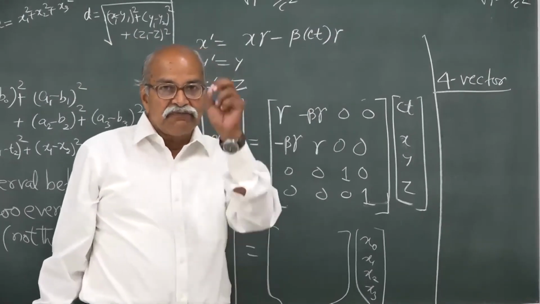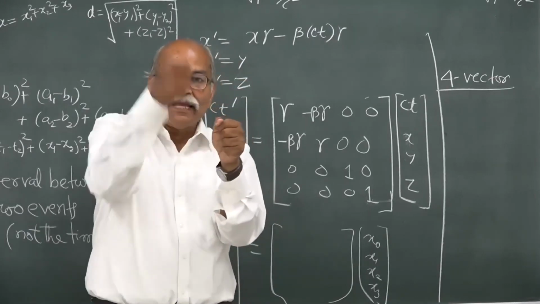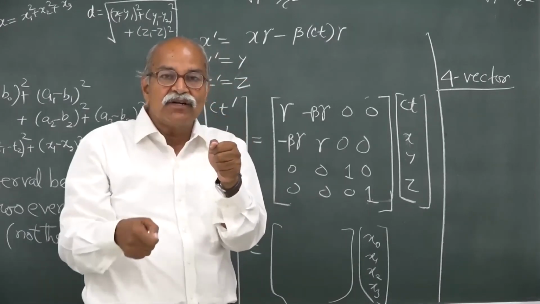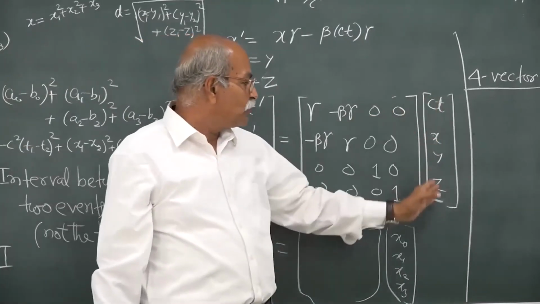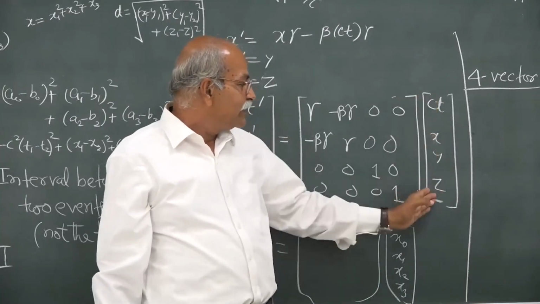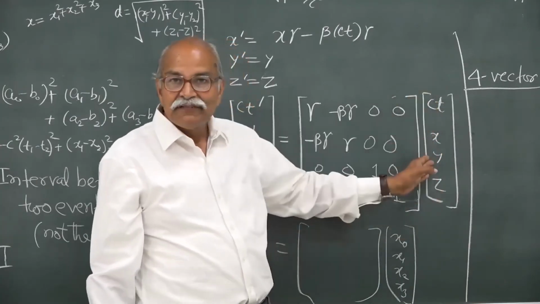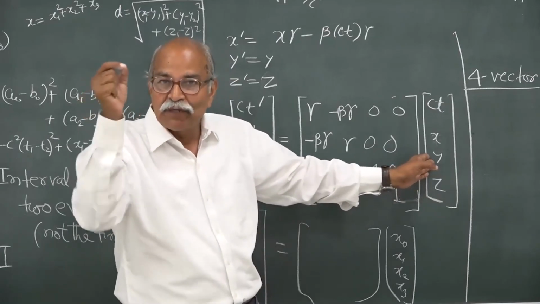If you just define an event, and for that event you have time coordinate, x, y, z coordinate, and then you construct these 4 components, ct, x component, y component, z component, this particular vector gives you one particular event in one particular frame.